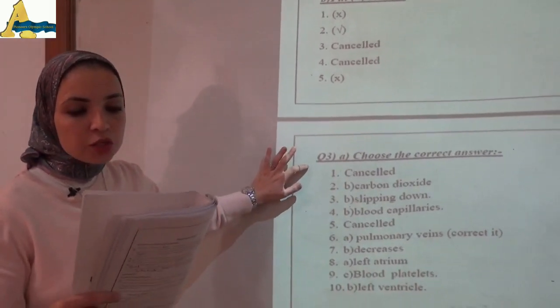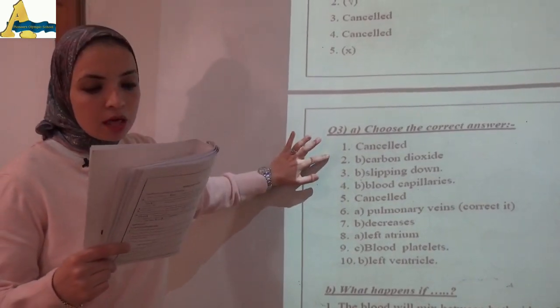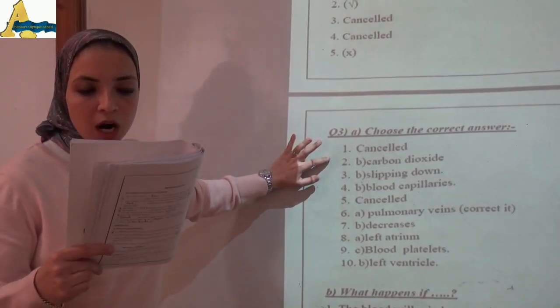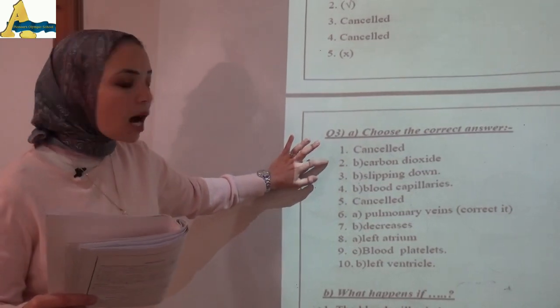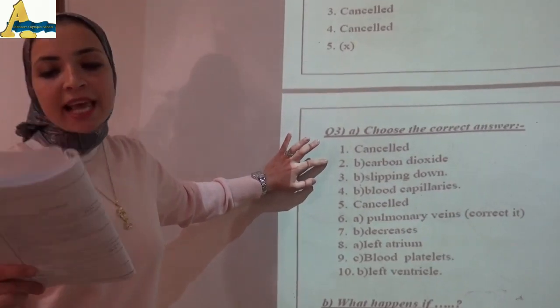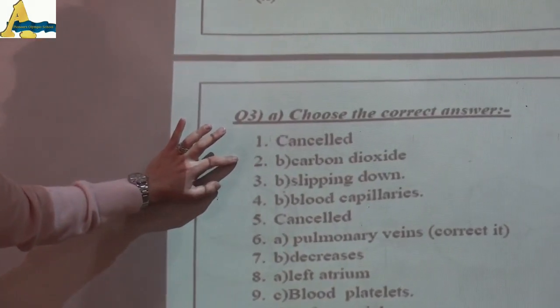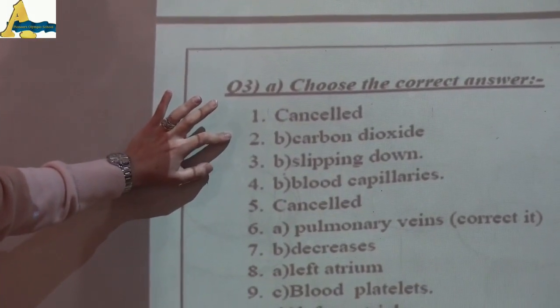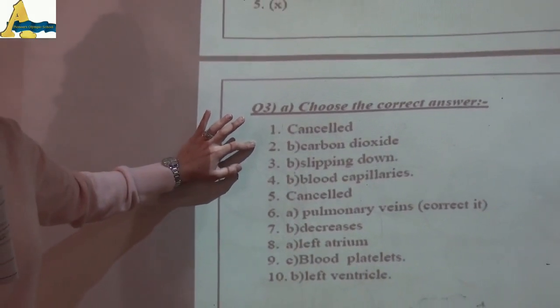Question 3. Choose the correct answer. The right side of the heart contains blood rich in carbon dioxide, or it contains deoxygenated blood. The friction force between your shoes and the floor or the ground prevents slipping down.